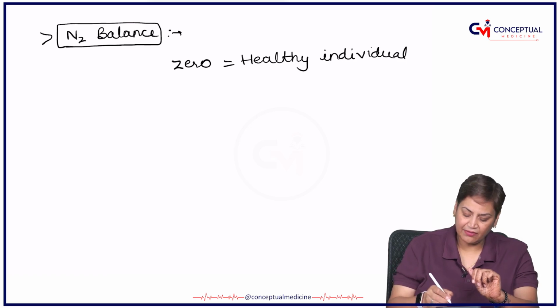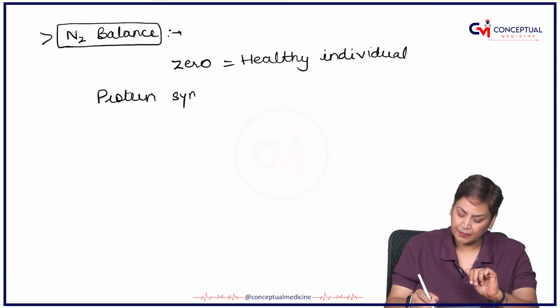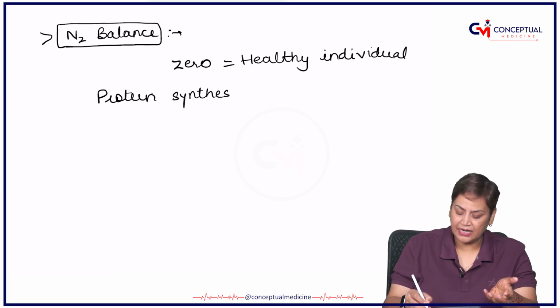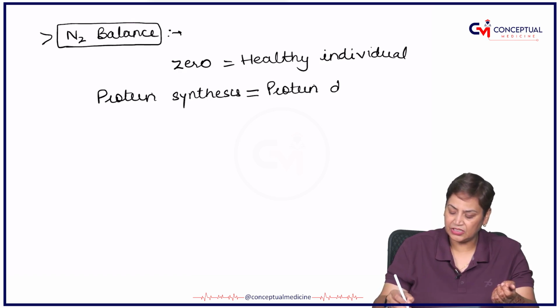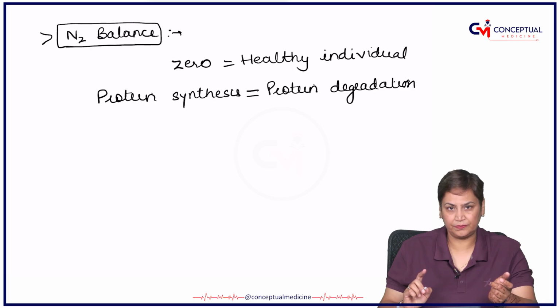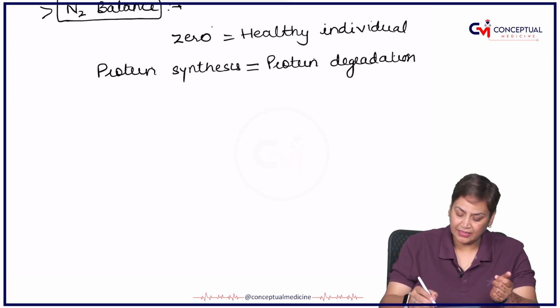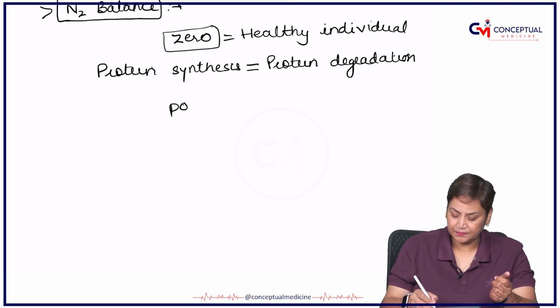Zero means the rate at which proteins are synthesized is equivalent to the protein degradation. So nitrogen balance is 0. Then this nitrogen balance can be positive.